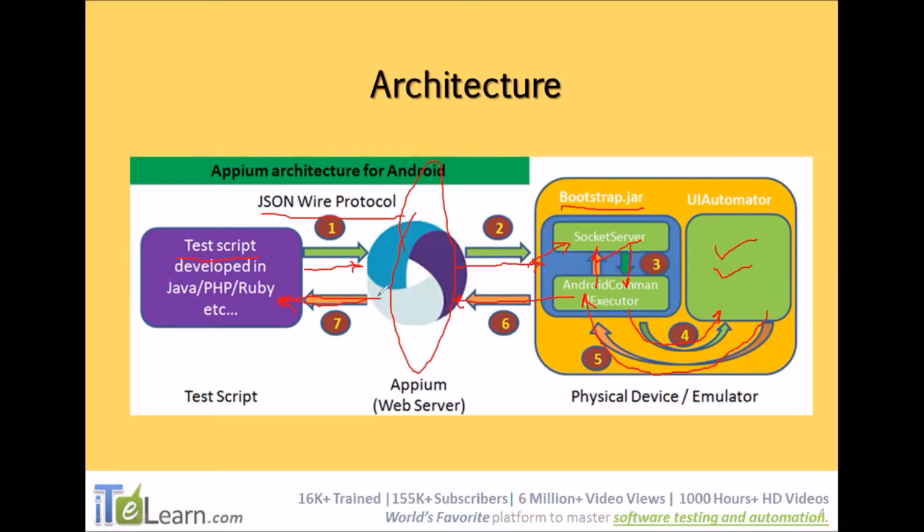So in this particular architecture diagram, you see that the Appium server is playing as an adapter between your scripts and the physical device, where it is intelligent enough to process the requests coming from the test scripts, sending them to the device in the required format, and getting the response from the device irrespective of how the actions go on the device.